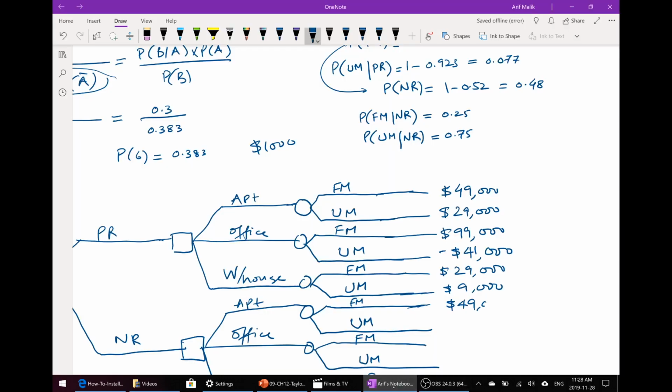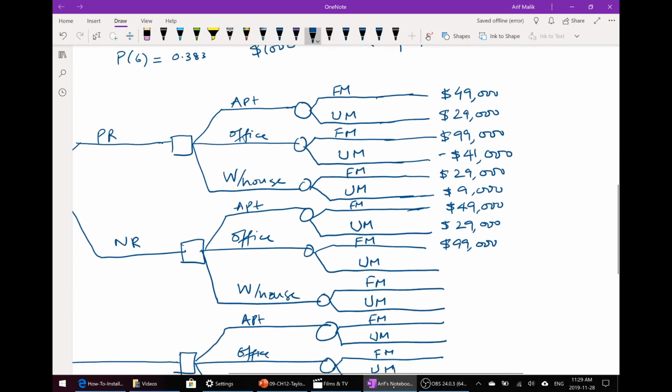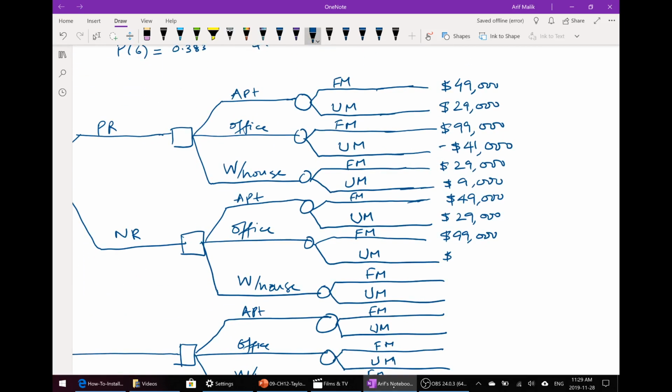So 49,000, and then we have $29,000, and here for office we have $99,000 and minus $41,000, and for warehouse we have $29,000 and how much was that? 10,000, so 9,000, yeah.